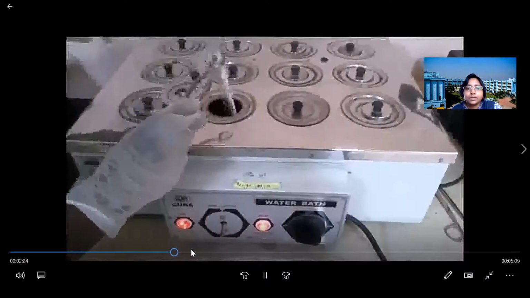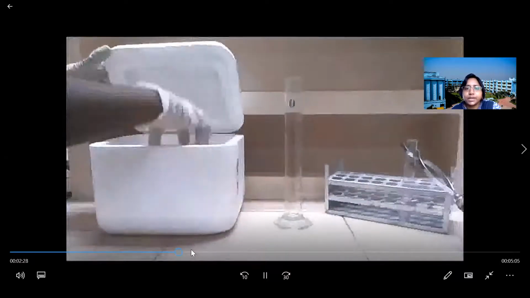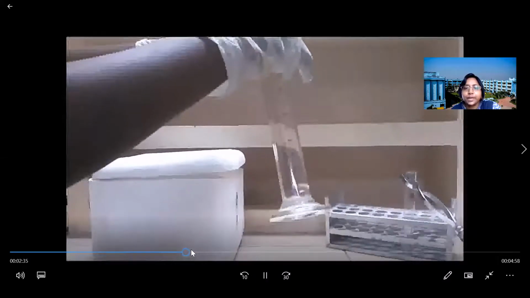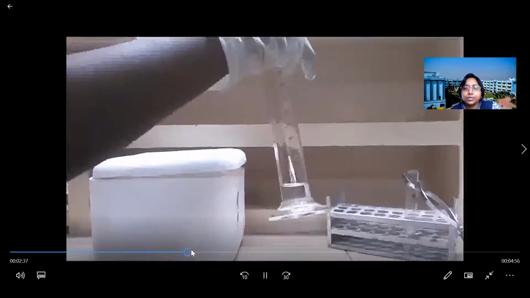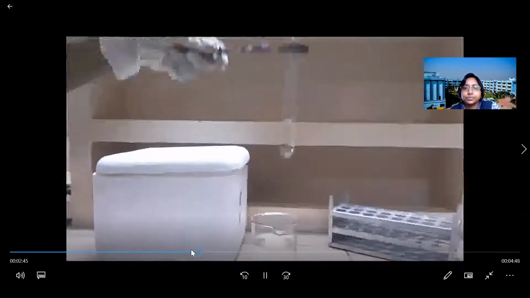Then the test tube is heated at 50 to 60 degrees centigrade temperature. Now ice cold water, around 20 ml, is added to our solution. So now it will be added in the test tube.